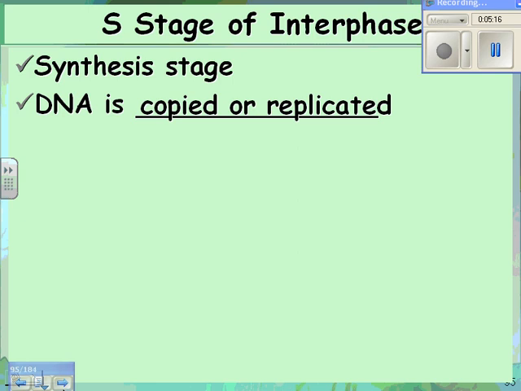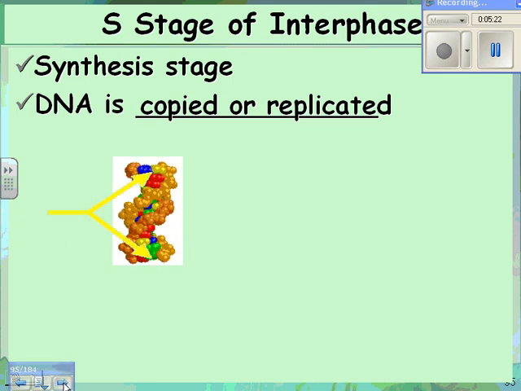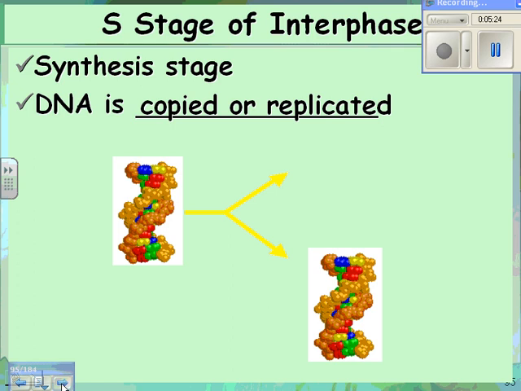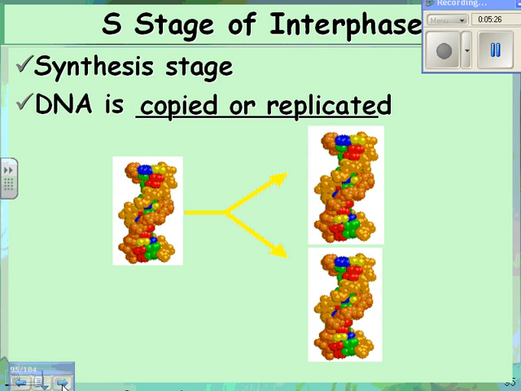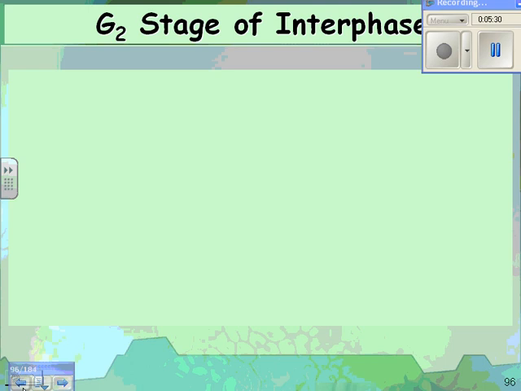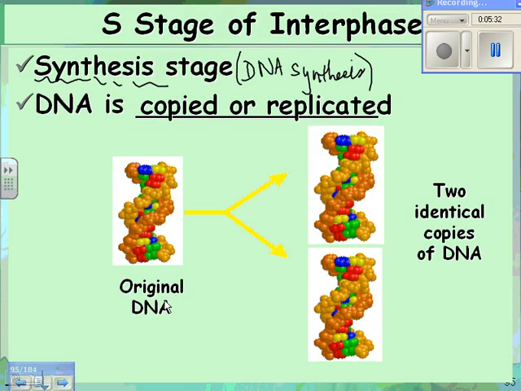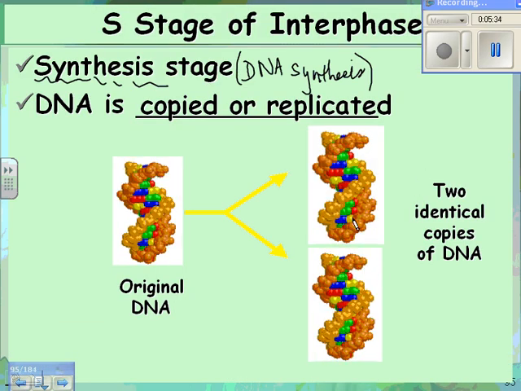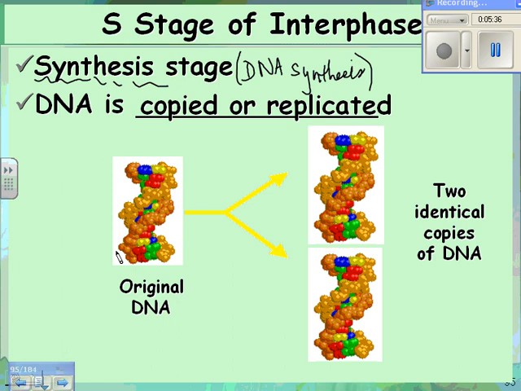You start with one DNA molecule and you make two that are exactly the same. That's the original DNA, and the key here is that these are identical. This is exactly the same as this. So if you start out with 46 chromosomes, you're going to replicate every single one of them and they'll be identical.